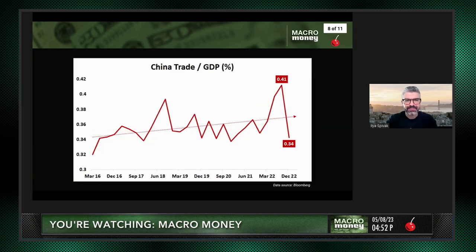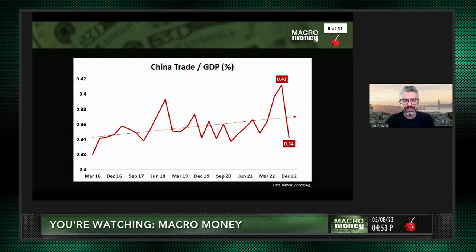Indeed, here is a look at China where we take the share of trade as a percentage of GDP, and again, not net exports, but cumulative trade volumes. So how important is overall trade in the sum total of the size of the economy?